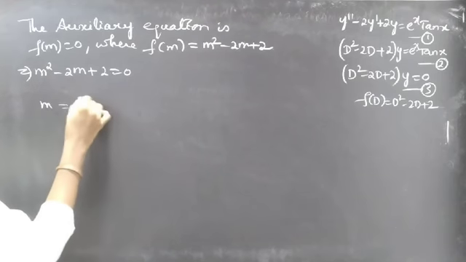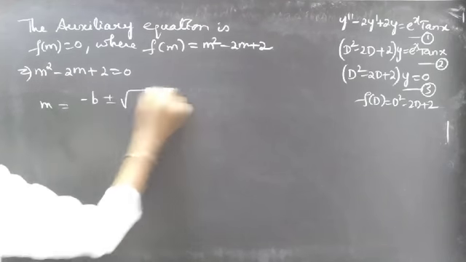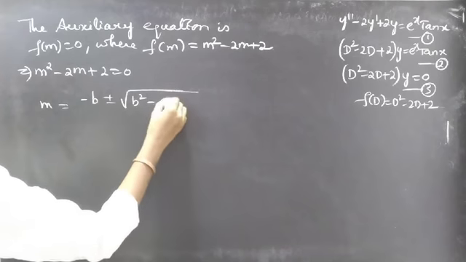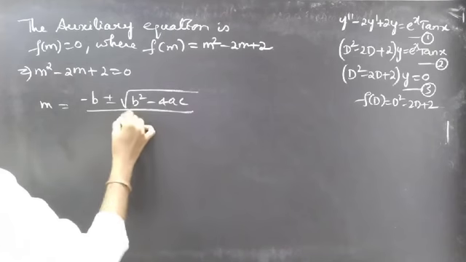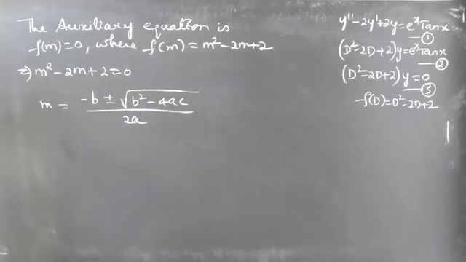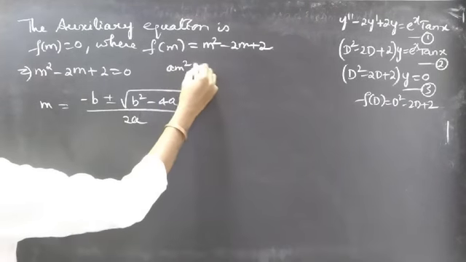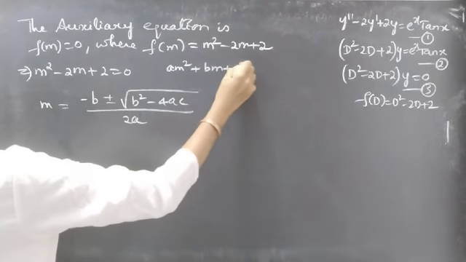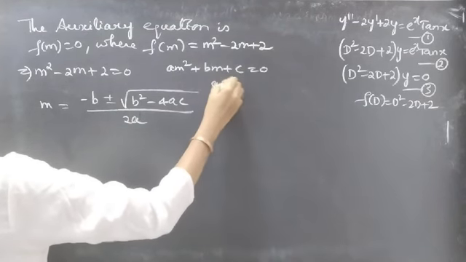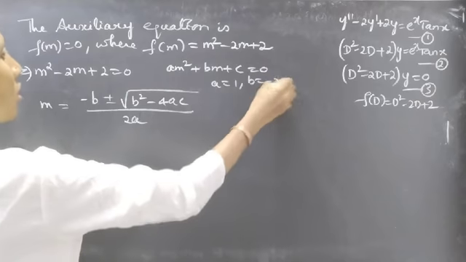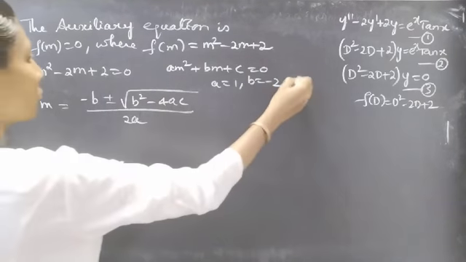The roots are given by m equal to minus b plus or minus square root of b square minus 4ac, by 2a. Now compare this equation with the quadratic equation a m square plus b m plus c equal to 0. Then we get a equal to 1, b equal to minus 2 and c equal to 2.